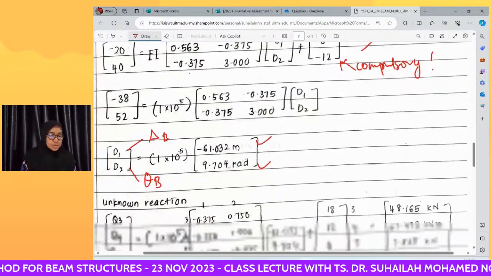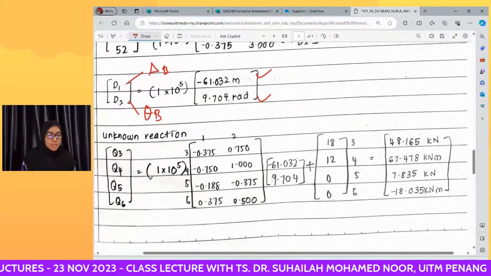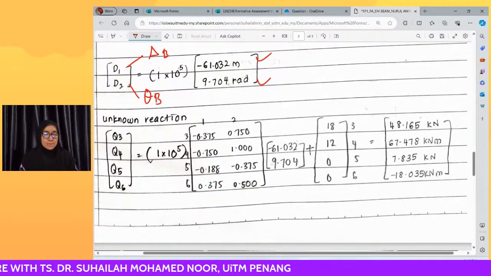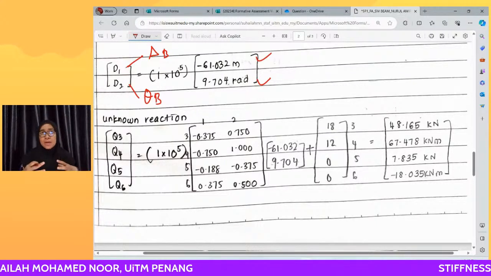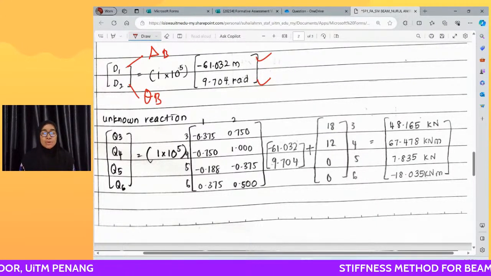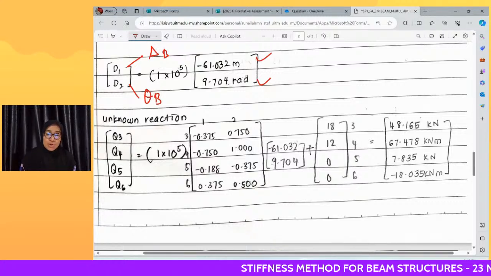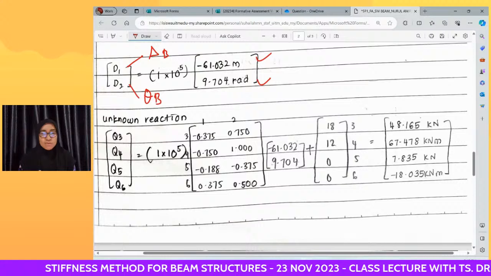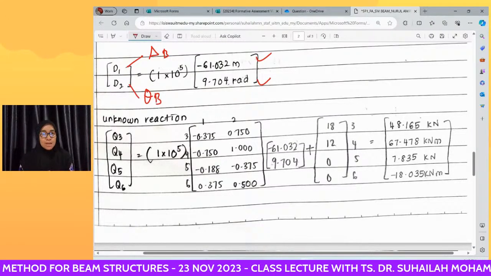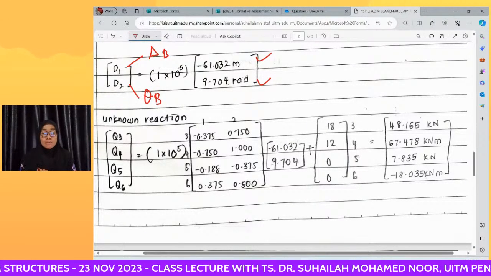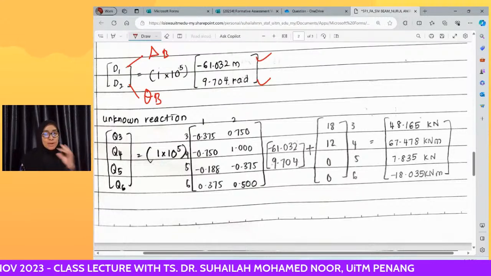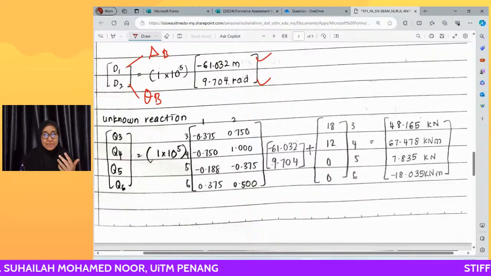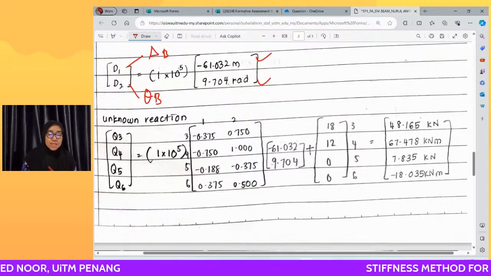So for the unknown reaction, this is how we write it in short form, because in the previous video I have shown you the mathematical process of solving this. Because we want four values of unknown reaction, Q3, 4, 5, 6, we just need to consider this part.